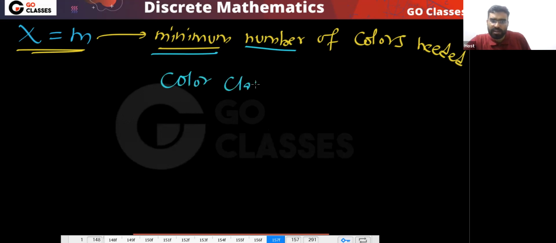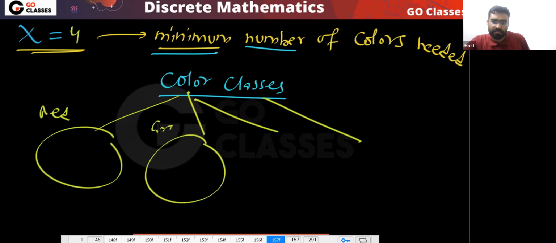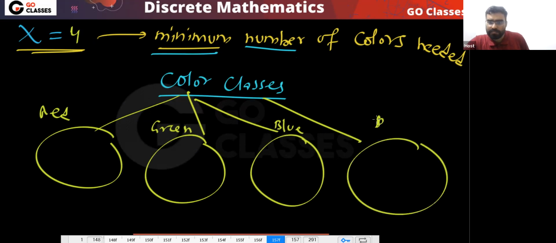For example, let's assume the chromatic number is 4. You have a red color here, a green color here, a blue color here, and a black color here.